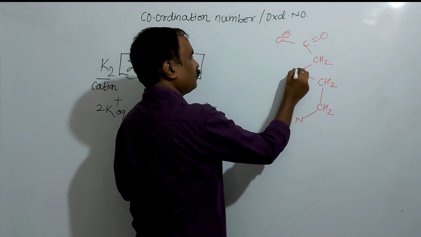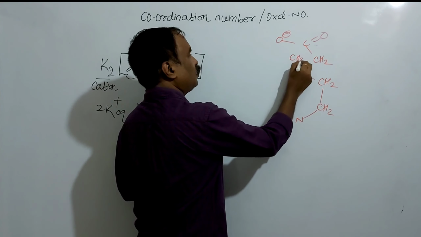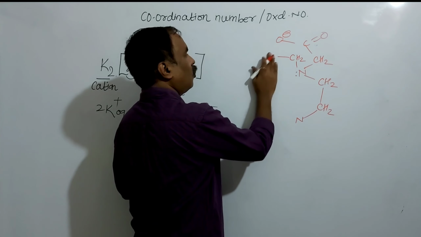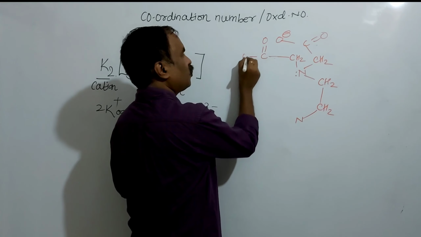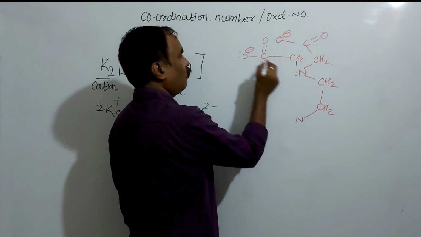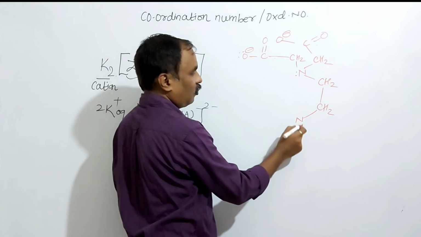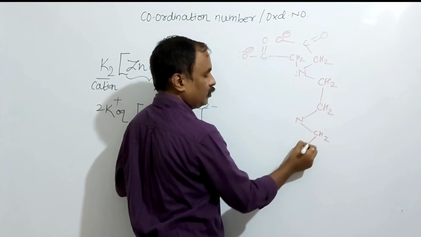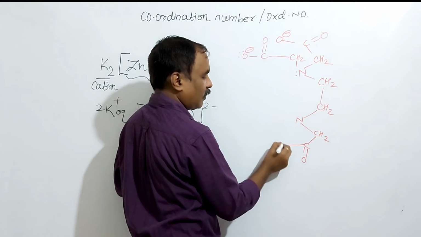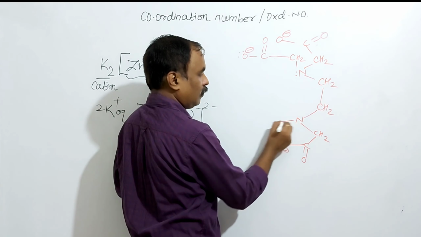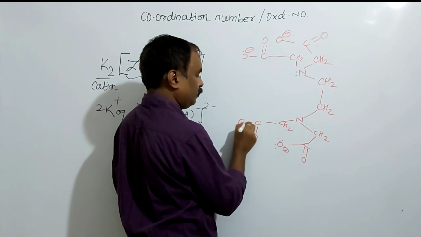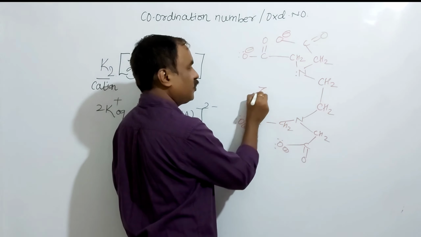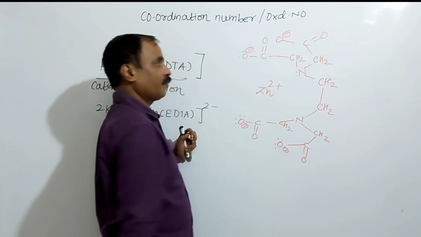Similarly, CH2, C double bond O, here it is O minus, electron rich. Similarly on this nitrogen, 2 acetate groups are there. It is like this, and here it is Zn plus 2, zinc.